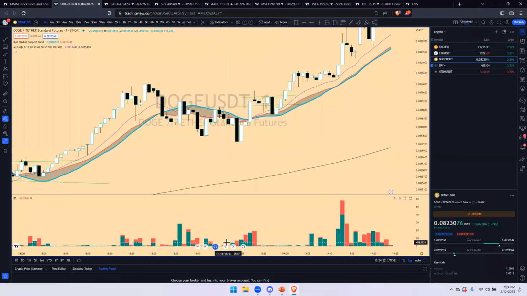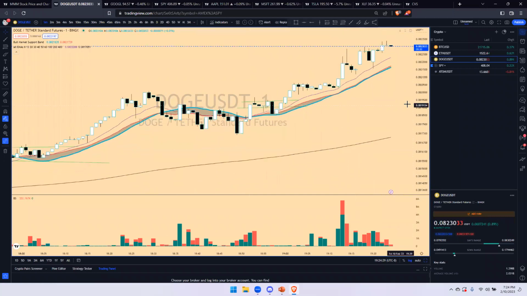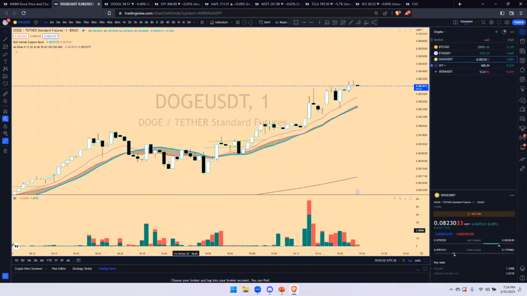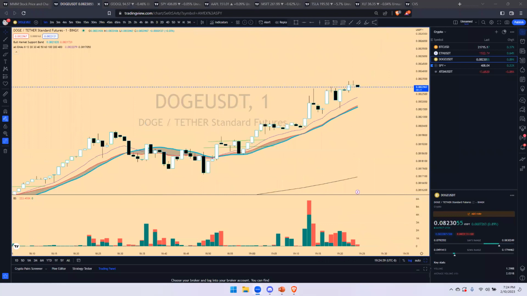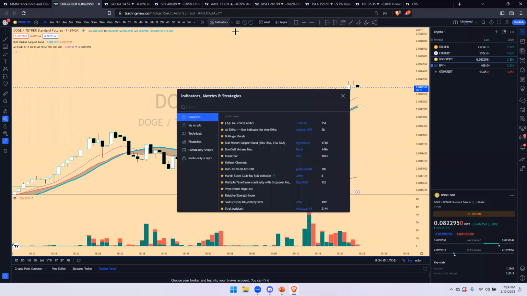I just like it because I am so big on volume. You can ask DW, man, I will not shut up about volume. I think it's one of the most neglected fundamentals of trading. It shows you who's in control. It is the buy/sell volume.